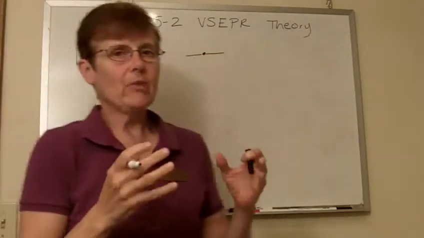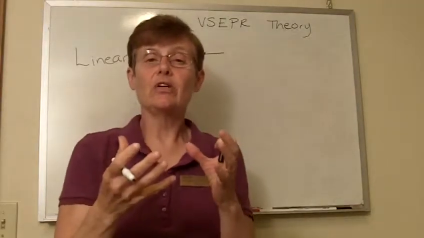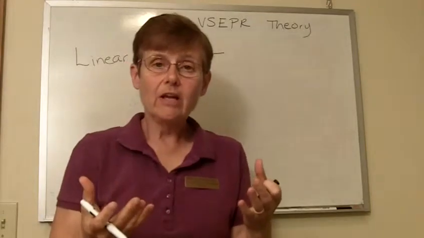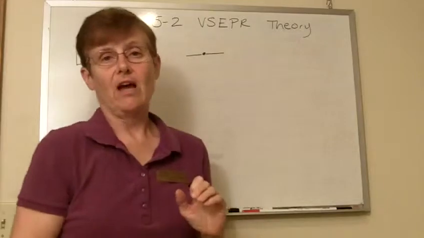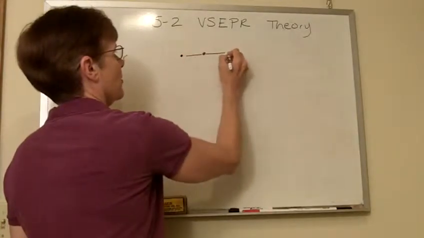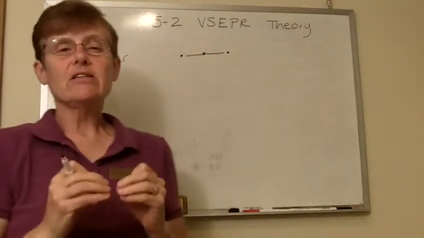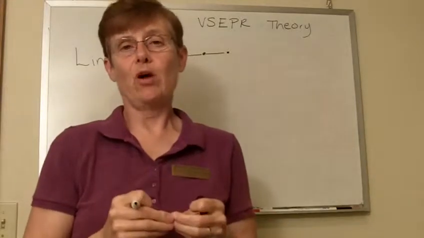And those bonds, remember, are shared pairs of electrons, so that's like an electron cloud. And these two electron clouds want to get as far away from each other as they can, so what they're going to do is go to the opposite sides. And so we might have another one like that. So that will take a linear shape. So that's going to happen anytime an atom only has two bonds.